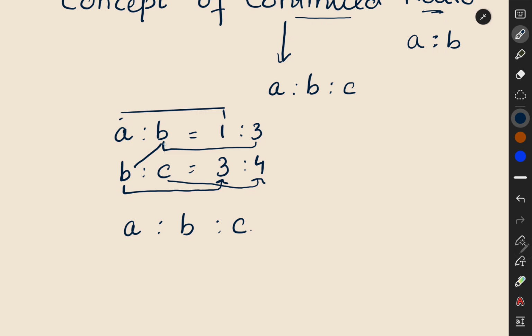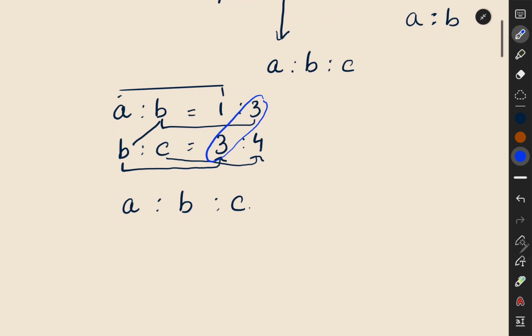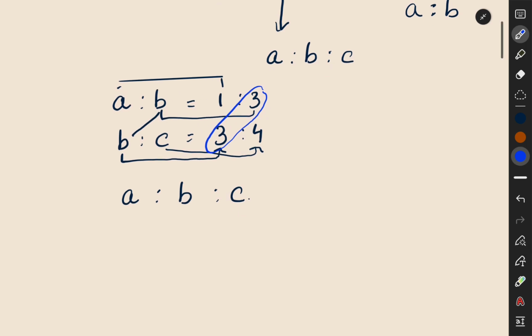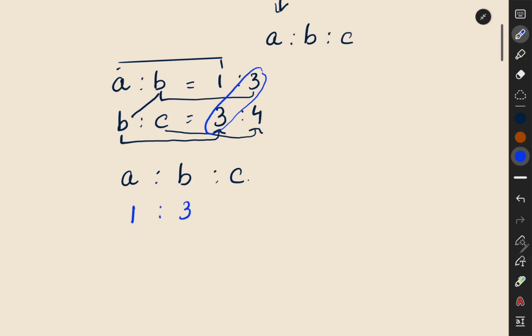You see that the element B, which is same in both the ratios, has same values, that is 3. Both the B has 3 value. So to find this type of continued ratio, we first write the value of the ratio A is to B, which is 1 and 3, whereas the second ratio B is to C has value 3 and 4, which we write under this.